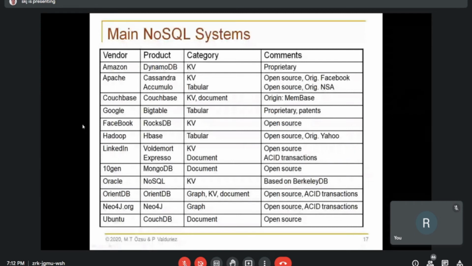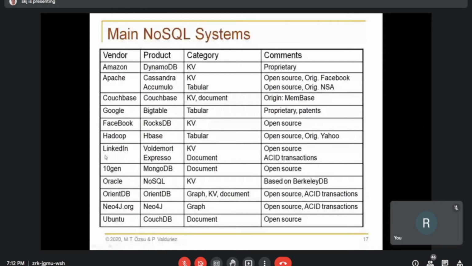Google Bigtable, tabular and proprietary, patented. Facebook, key value, open source. Hadoop HBase, tabular, open source.